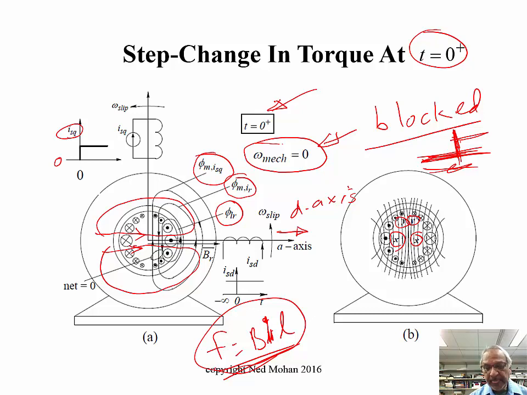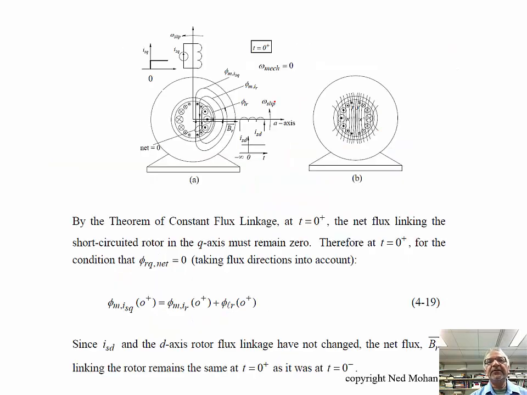Okay, but now if you want to maintain this torque, again assuming that the rotor is blocked from turning, which restriction we'll remove very soon, and I'm just again showing it at 0 plus here to make certain points here.